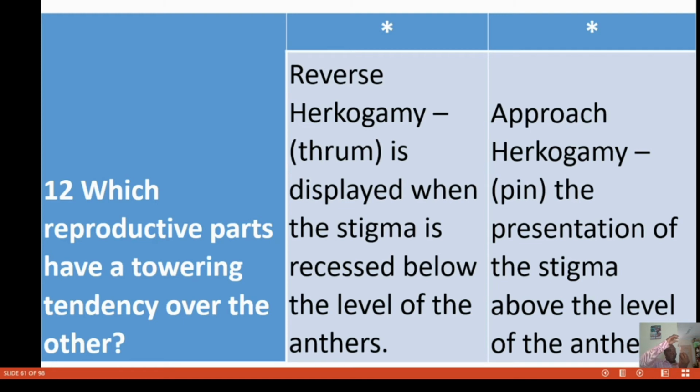The anthers are pinned down, and therefore that's a pin flower. And there are diagrams in the previous lecture that show that. Then reverse herkogamy is where the stigma is recessed, the stigma is thrum, below the level of the anthers.